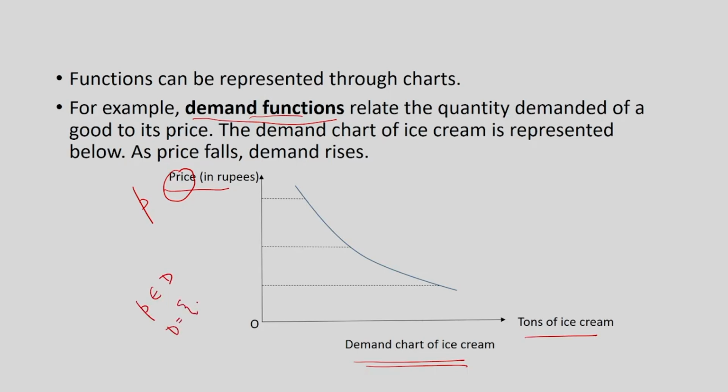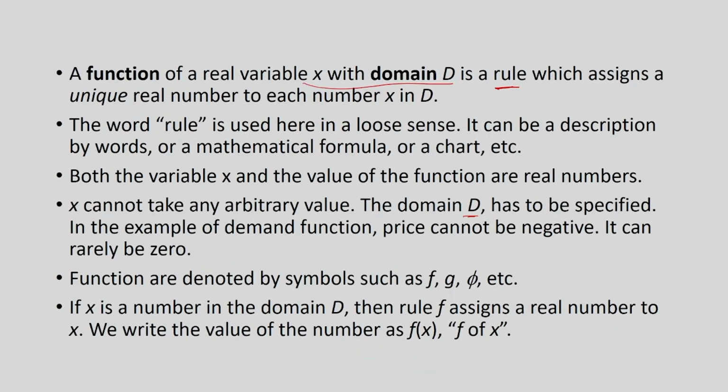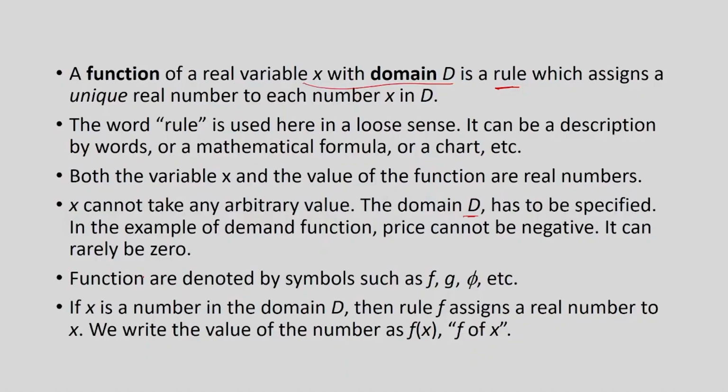In this case, the domain is the set of positive numbers, maybe it includes 0 also. So, it cannot be negative, that is the important thing, because prices are generally not negative, and it is even quite rare to have a price which is equal to 0. Okay. So, here we have an example of a domain.